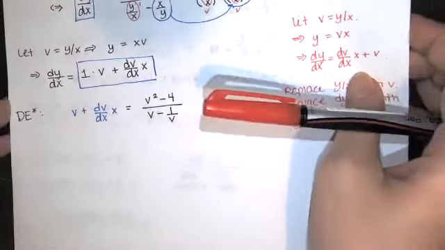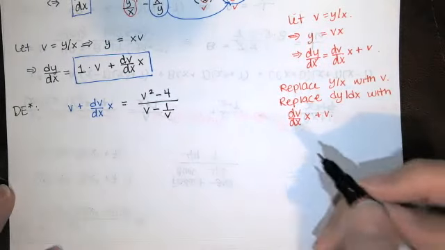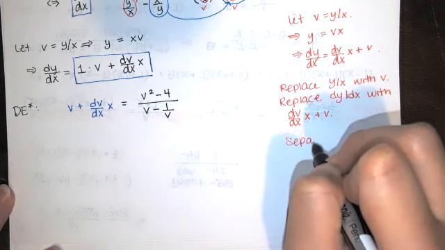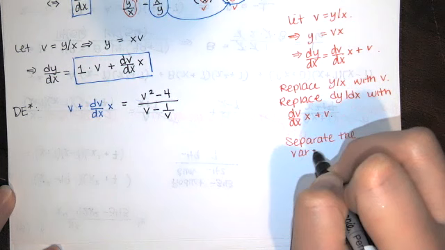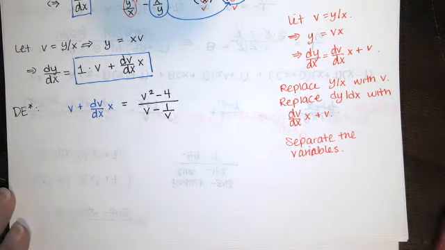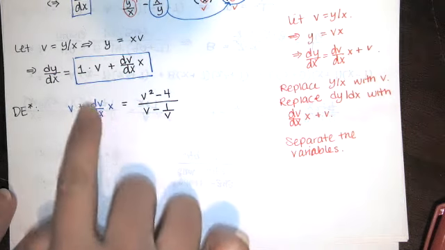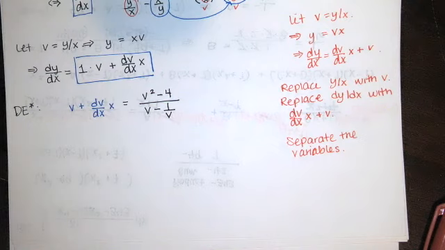Okay, so now we want to separate the variables, because this differential equation will always be separable in terms of v and x. Okay, so the first thing that I would do is isolate this term here by subtracting v from both sides.